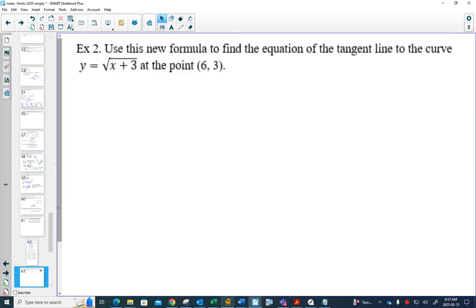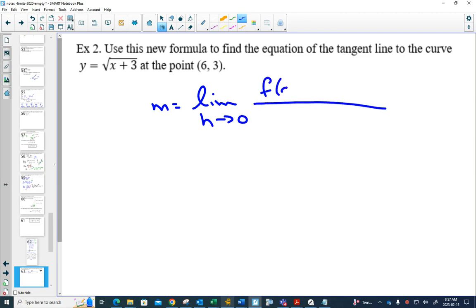So let's look at the next one. It's the same idea. It says, use this new formula. So I'll rewrite the formula so we have it again. That our slope of our tangent is limit as h goes to 0 of f of a plus h minus f of a over h. This time, we're finding at the point 6, 3.